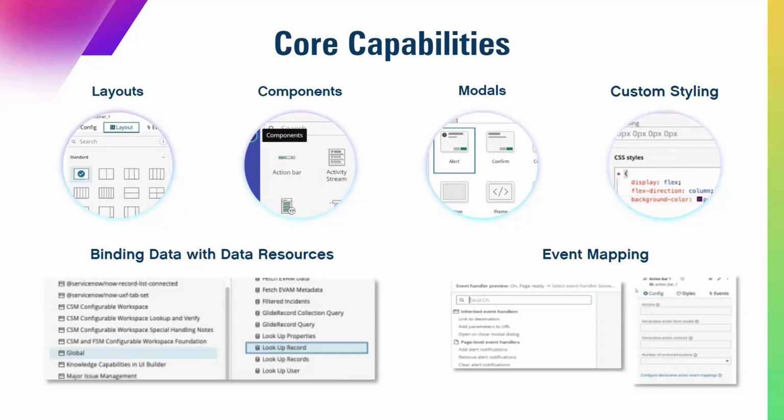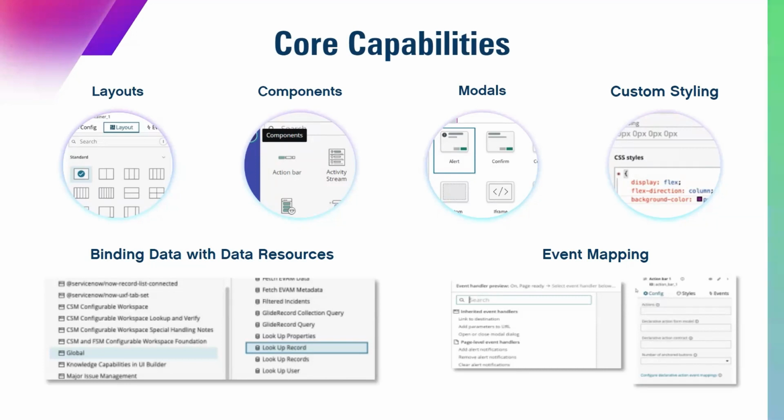Whenever you are missing some component, you can develop it from scratch. But from my personal experience, out-of-the-box components cover all basic requirements. With modals, you can provide alerts or calls to action for the user. And custom styling gives you the opportunity to tune the components and the page, so you can apply a custom look.